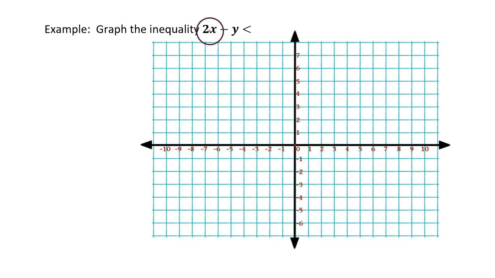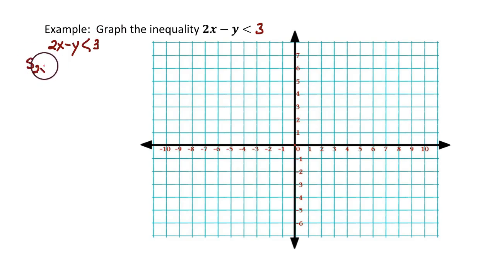Let's try an example. Graph the inequality 2x minus y is less than 3. Based on the pictures we just looked at, we expect this to have a boundary line and shading that's above or below that line. Let's locate the boundary line by changing this equation into slope-intercept form. So over here on the left side, I'm going to rewrite the equation and get the letter y alone.